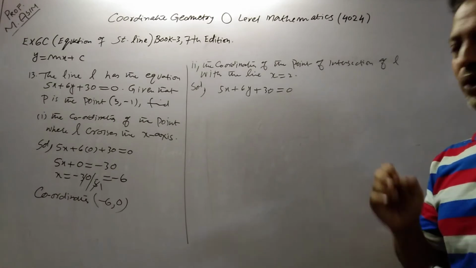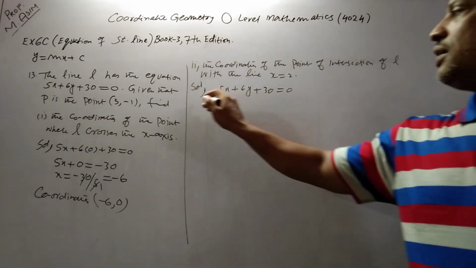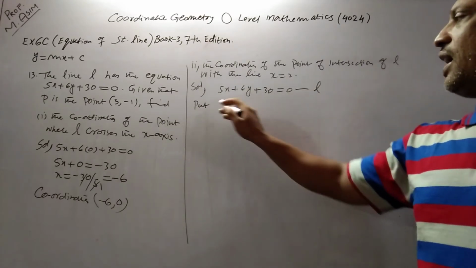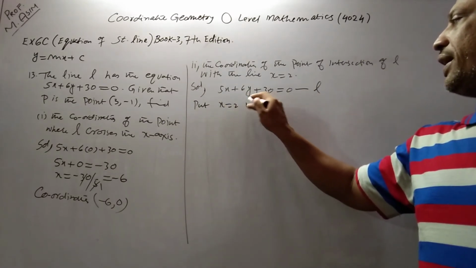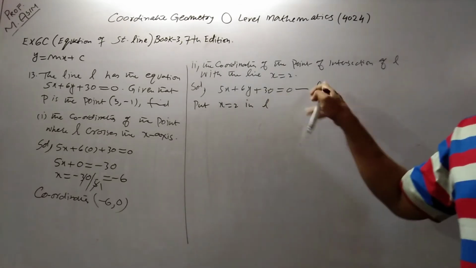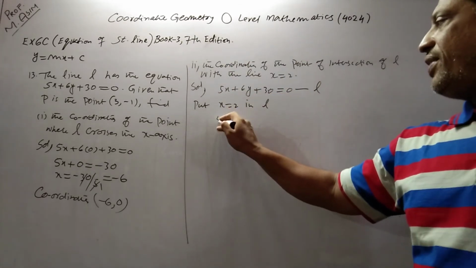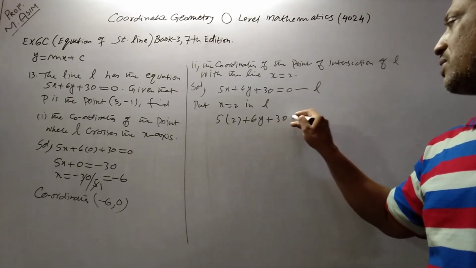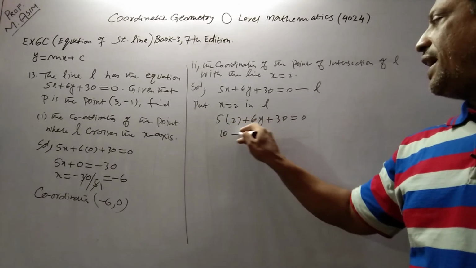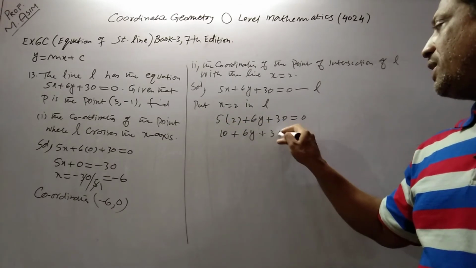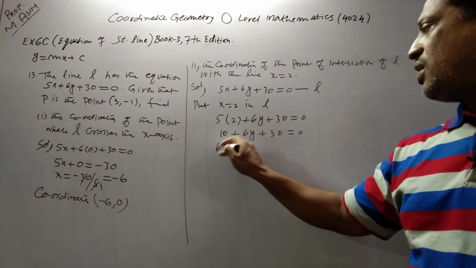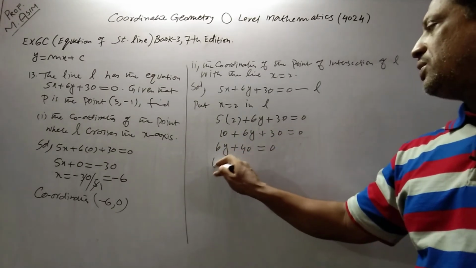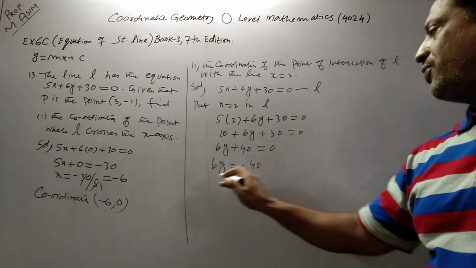So you just put x is equal to 2 in L. 5 into x, x is 2, plus 6y plus 30 is equal to 0. 5 2s are 10 plus 6y plus 30 is equal to 0. 6y plus 40 is equal to 0. 6y is equal to minus 40.